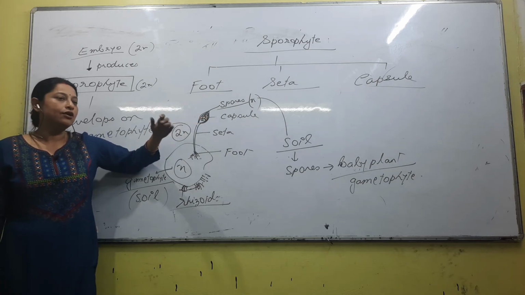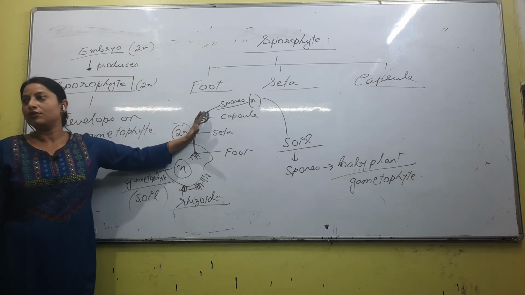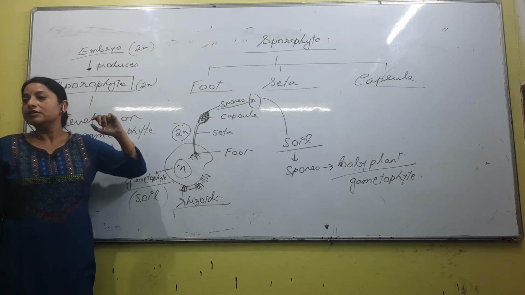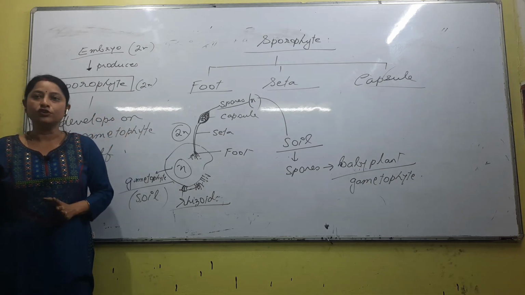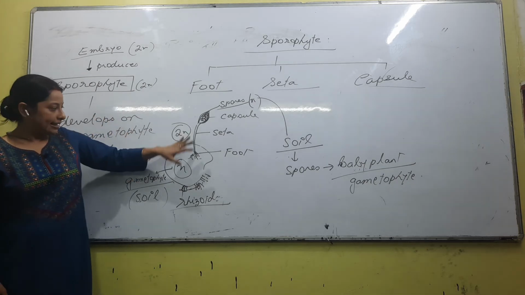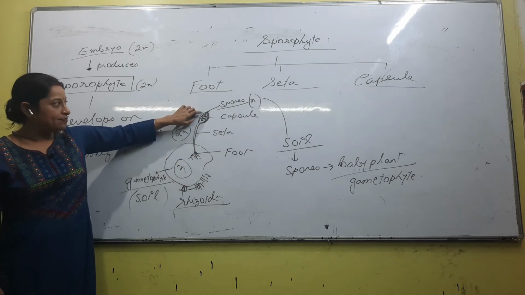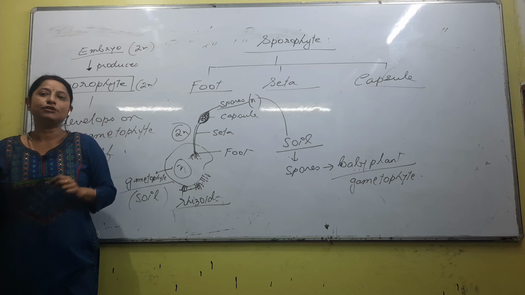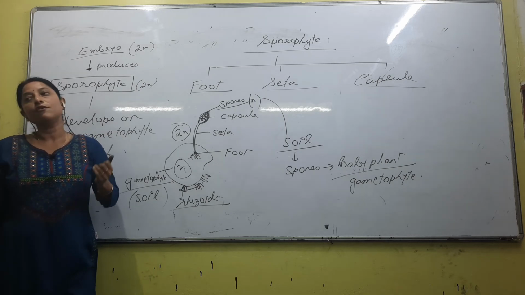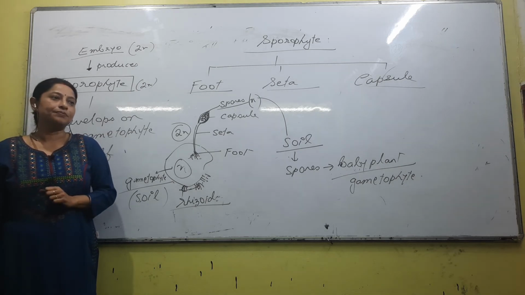It was not fully developed on the first day, it developed gradually. So, if it has to grow, it requires food. The sporophyte developed on the main plant. For this plant to grow, food is required. From where will it get the food?